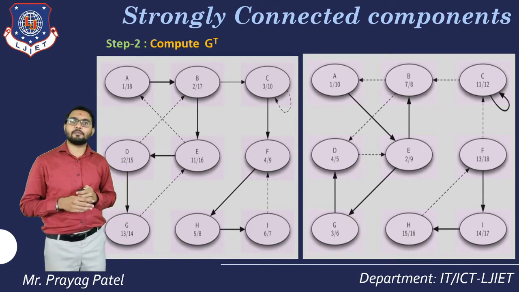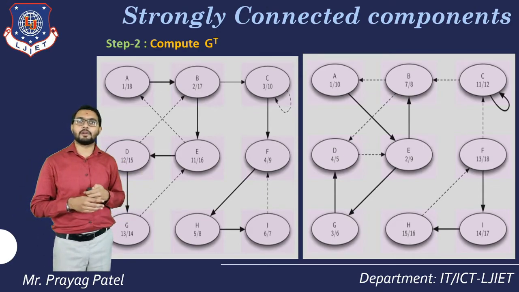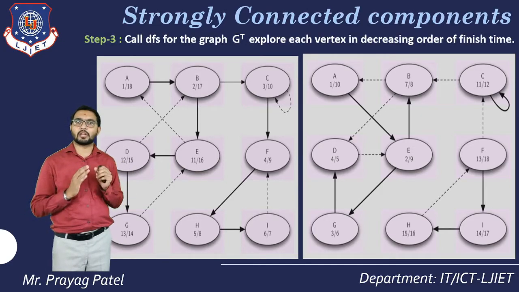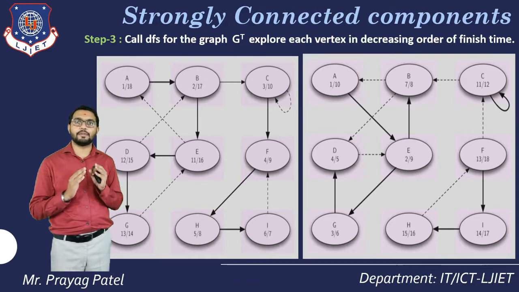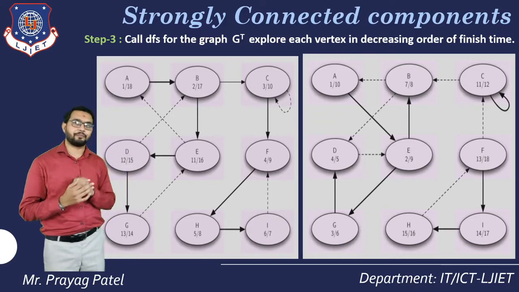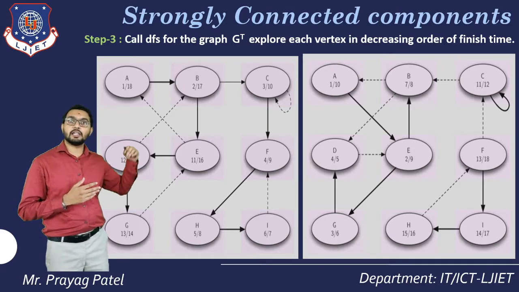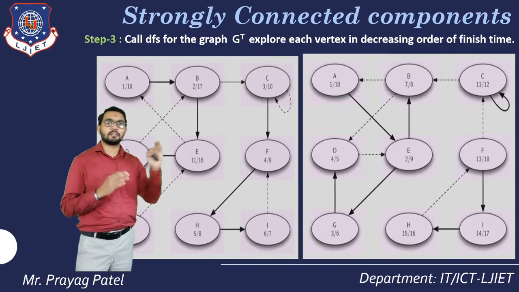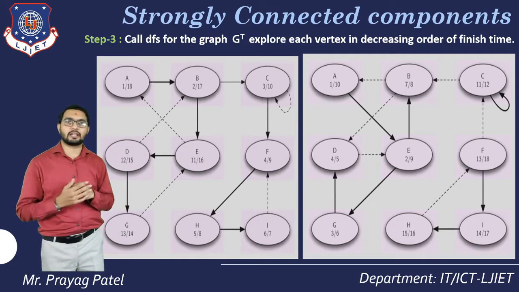Now consider the second figure for your next step after performing the compute GT operation. Now consider step number 3. Step number 3 is to call the DFS for the graph GT and explore your vertices in decreasing order of finishing time.